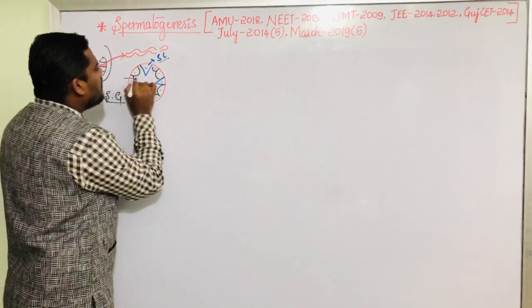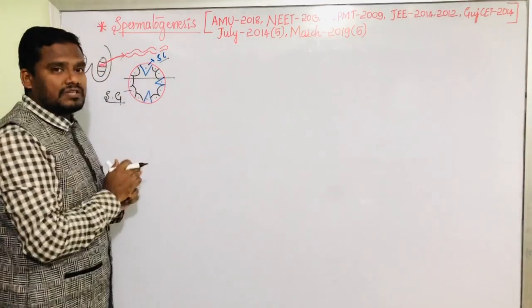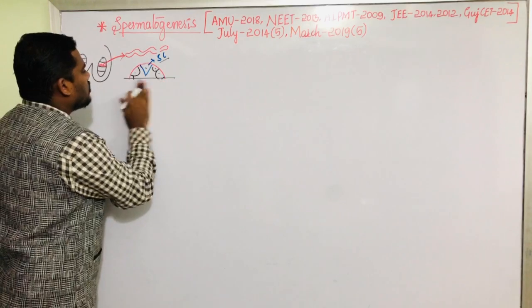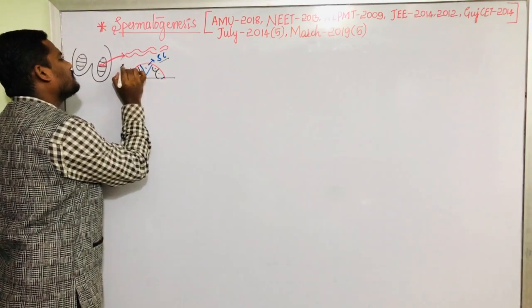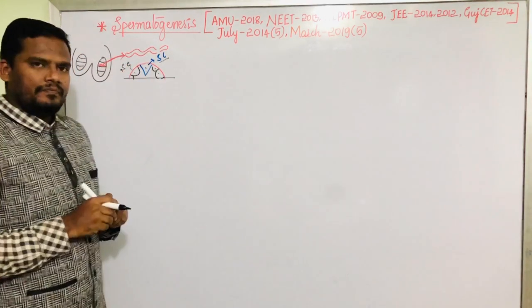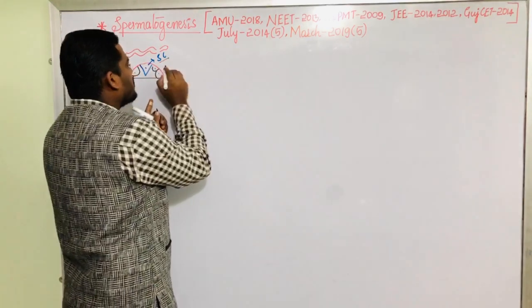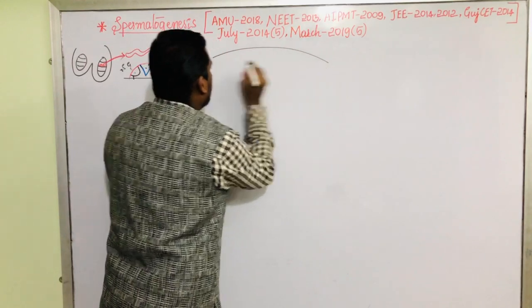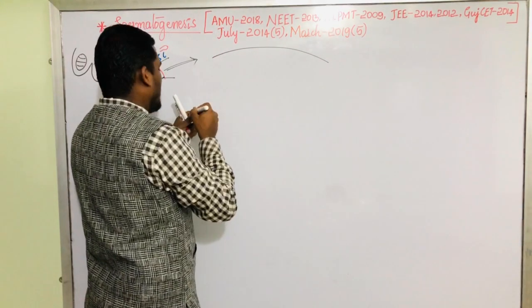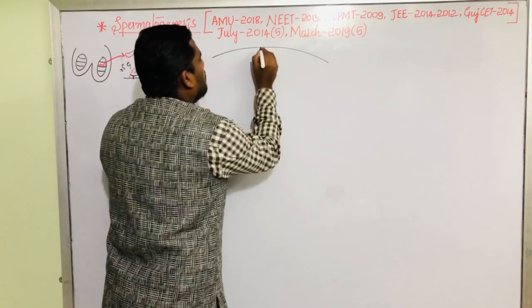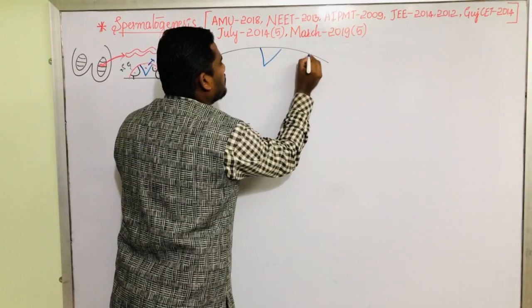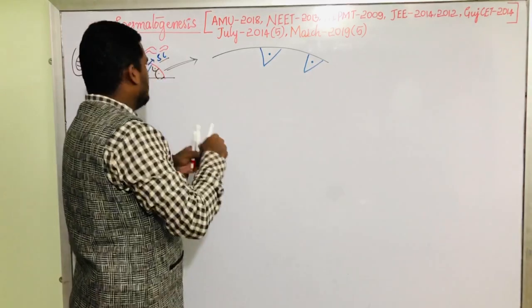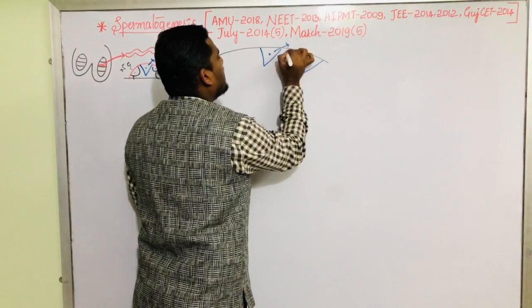Now, let us take only this much portion for our understanding, only this much part to understand the process. This is the spermatogonia cell. Now, if I enlarge this, how does it appear? It appears like this. Here we have some pyramid shaped cells. These pyramid shaped cells are nothing but the Sertoli cells.